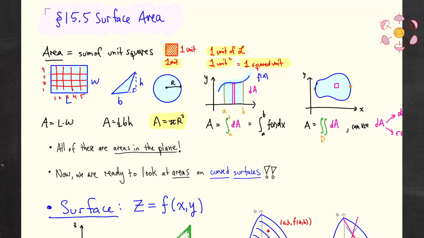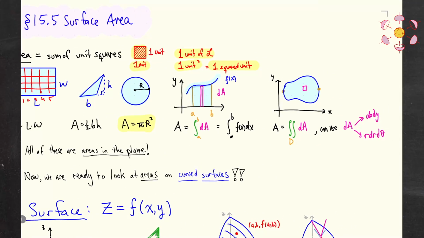And finally, we came up with another formula. Once we set up double integrals, we can think of dA as a little tiny rectangle, and we use the tools of calculus to add up either a single integral or a double integral to calculate area.